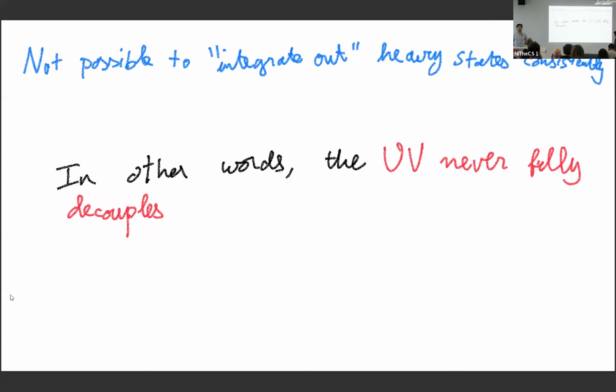Well, if you take this to its logical conclusion, that means that the UV never fully decouples. If I wait long enough, I might have integrated out some massive physics above some scale, but if I wait long enough, then all of a sudden I can populate those heavy states and new physics becomes important.